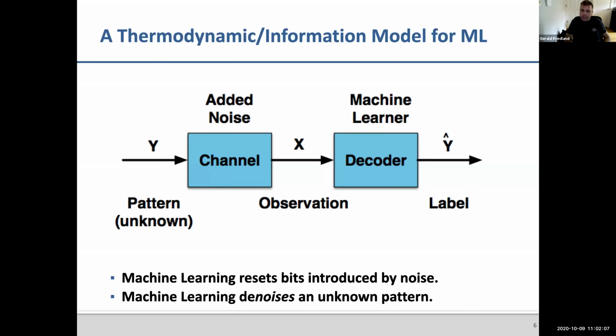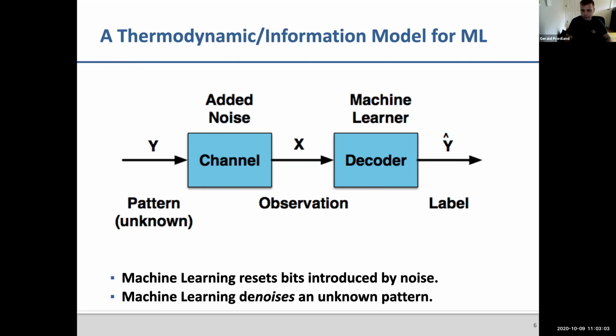Basically, we say, yeah, it's a cat or a dog. So we get to some Y hat that may not be the original pattern, but at least it's good enough to put into a category, cat or dog. And so that's the information model. And in physics, we basically only know about setting and resetting bits. That's based on the Maxwell demon.